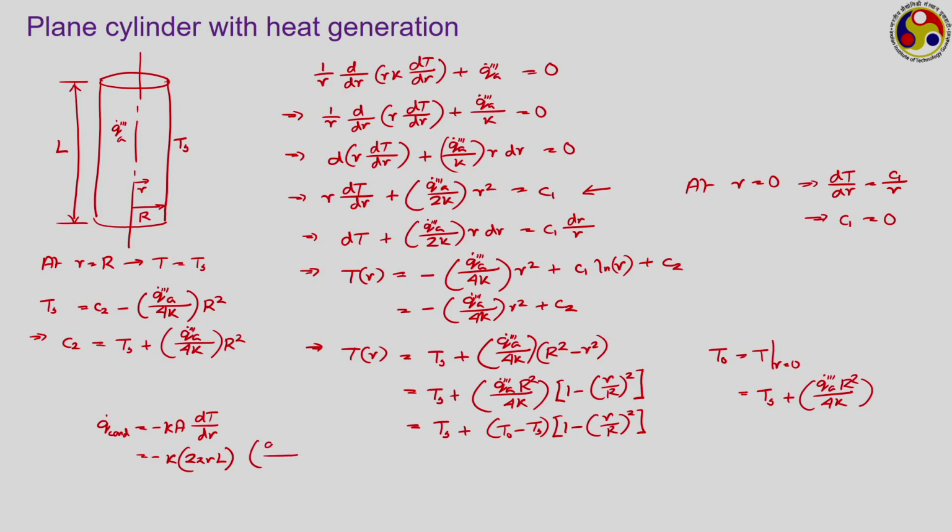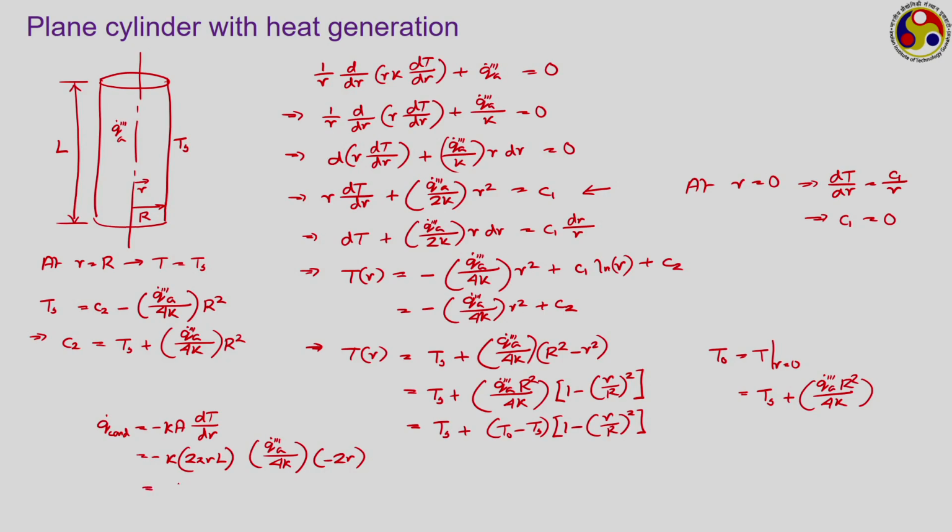That is equal to q0 triple prime upon 4k into minus of twice r. We could have easily written this in terms of T naught minus Ts also.